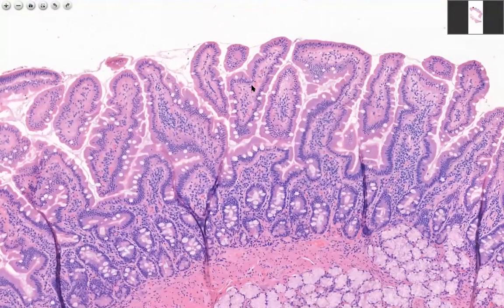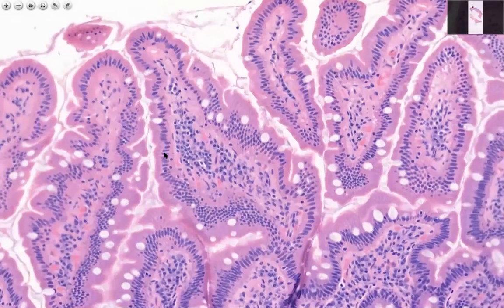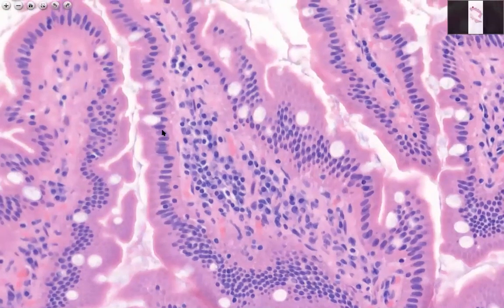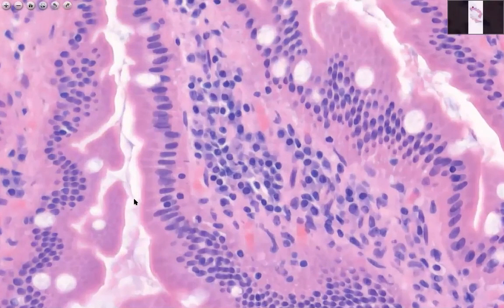In contrast to the epithelium we saw in the stomach, which was all mucinous, here the cells that comprise the surface epithelium are these columnar pink cells and these interspersed goblet cells here. And these pink cells have a fuzzy border called a brush border. And these are enterocytes with microvilli that further increases the surface area for absorption.